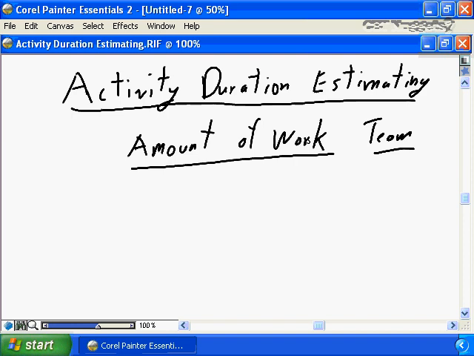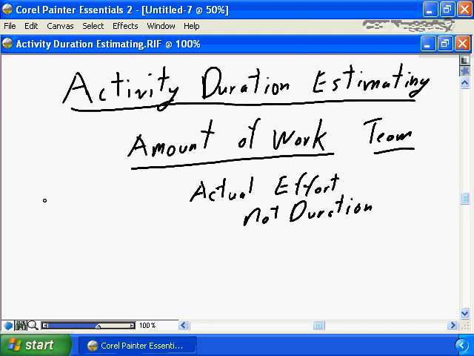You need to focus on the work, the actual effort, not the duration. To define this, let's assume we have a work breakdown structure element that requires 40 hours of work.